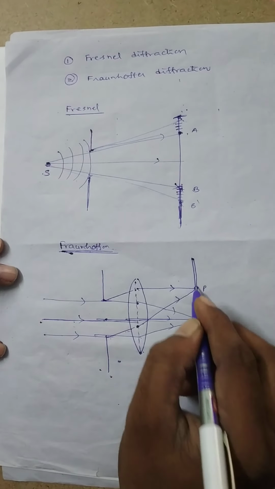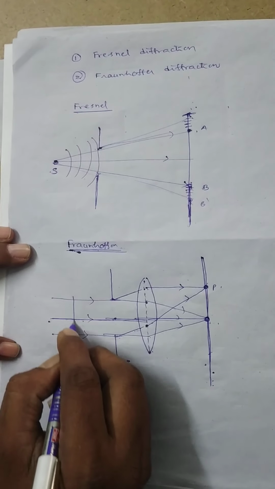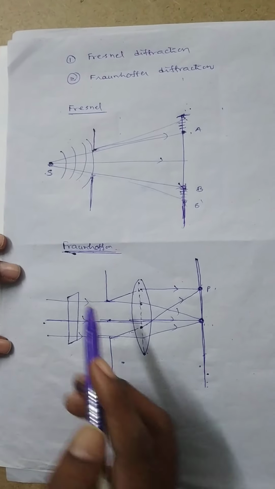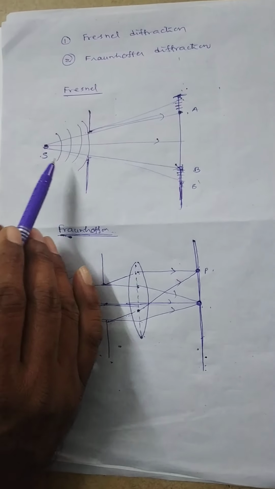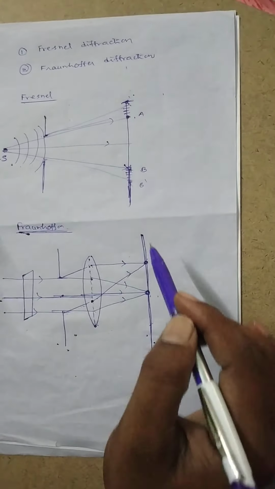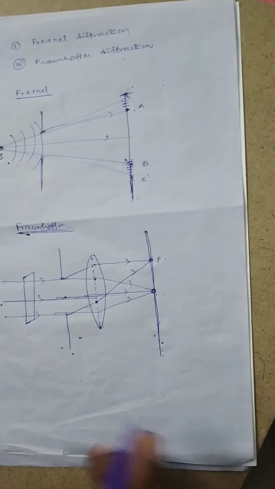So in between these 2 points, diffraction bands are observed. So what is the nature of the wavefront? In case of Fraunhofer diffraction, it is a plane wavefront, whereas in case of Fresnel diffraction, it is spherical or cylindrical wavefronts. So these are the experimental observations in between Fresnel and Fraunhofer diffraction.